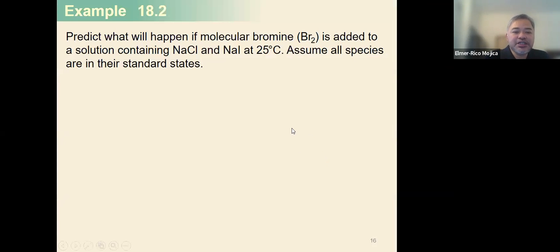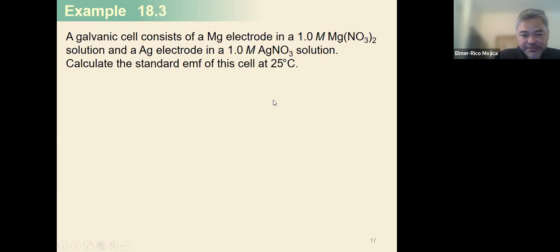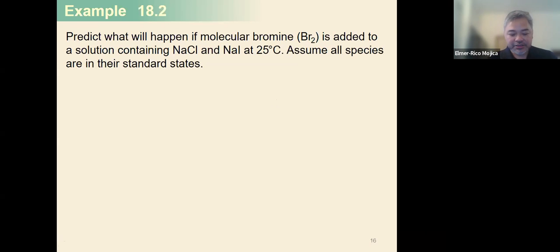Predict what will happen if molecular bromine is added to a solution containing NaCl and NaI. Assume all species are in their standard states. Okay, so how are we going to solve that? We're going to write down all the reduction forms here.